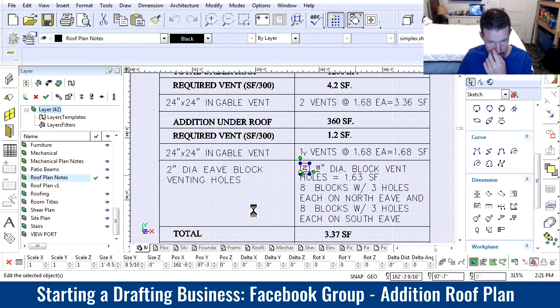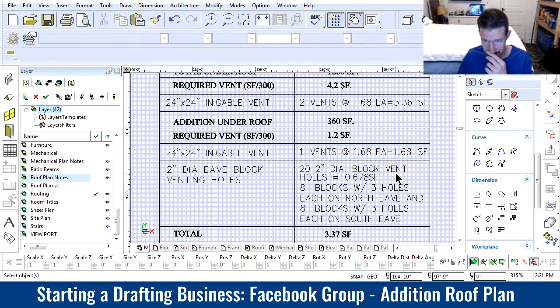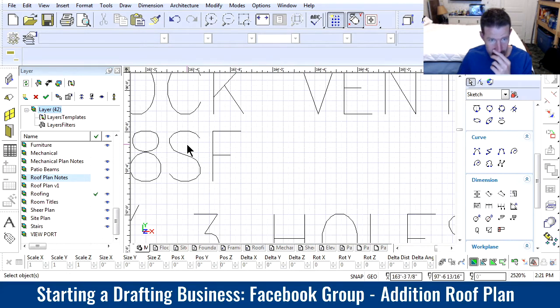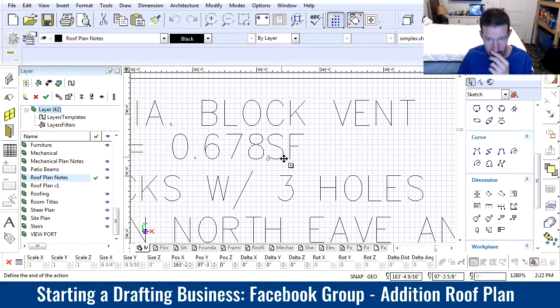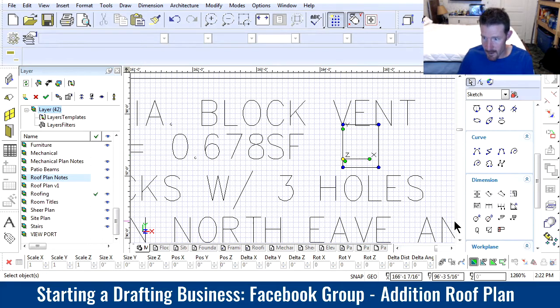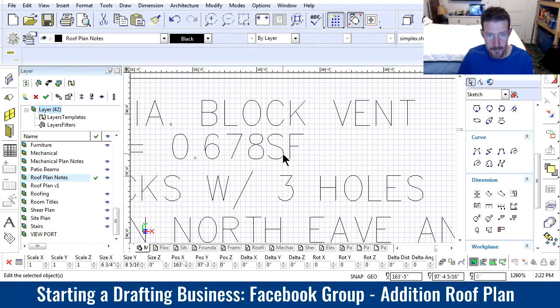I'll have to do the math on that again. Come on, square footage. Oh boy, take the copy function off. Just want a space. There we go.